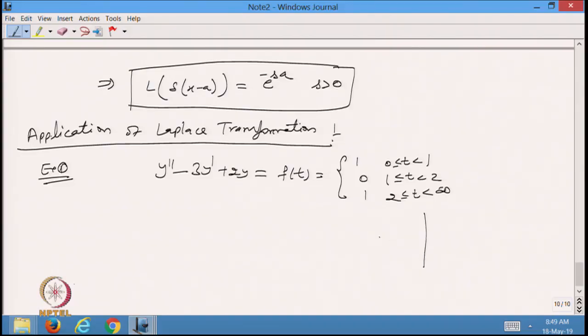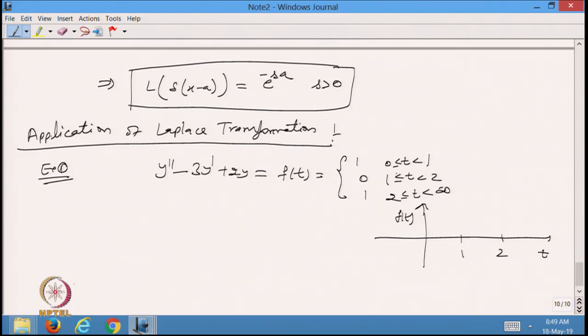And if you see this function, if I plot, so it is t and this is my f t. So, from 0 to 1, suppose 1 is this, 2 is this one.